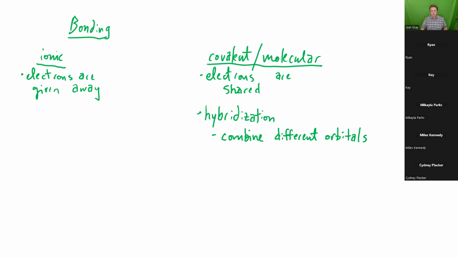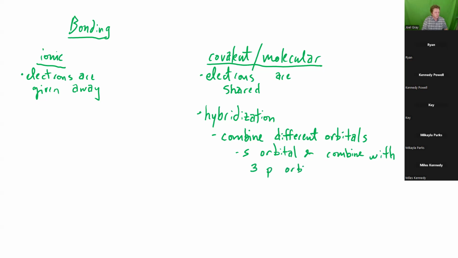What that means is you would take an s orbital and combine it with three p orbitals, and you would make a hybrid orbital that is an sp3 orbital.